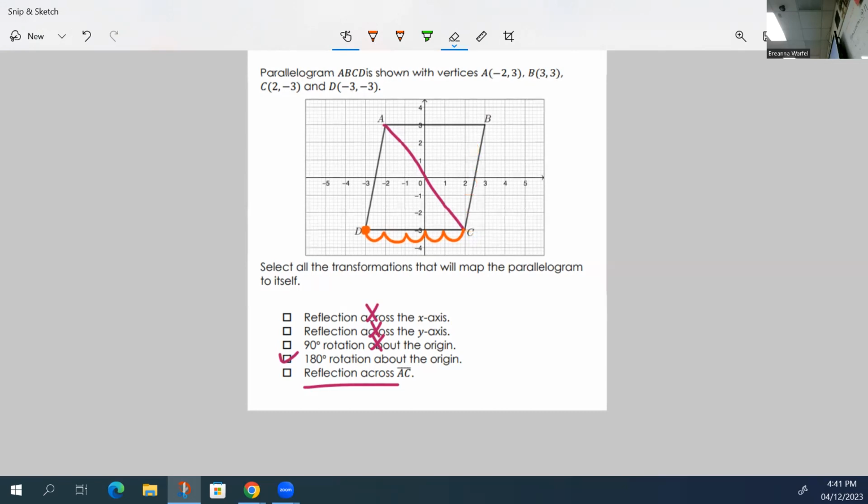Something's weird about this graph. This point, 1, 2, 3. I think that they're not squares. I don't know. But if you reflect, B does reflect to D.